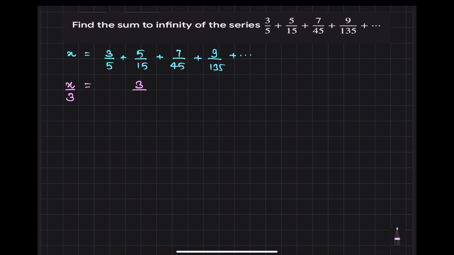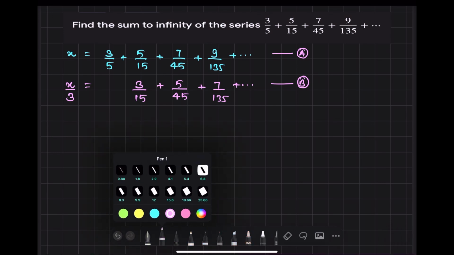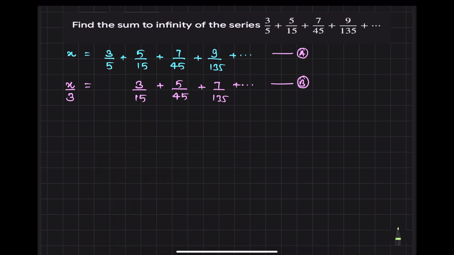So it is 3 by 15 plus 5 by 45 plus 7 by 135. Okay, we will keep on doing this, and we will do subtraction till we get the proper GP. Okay, now look at this. If we subtract, we want to do a minus b.